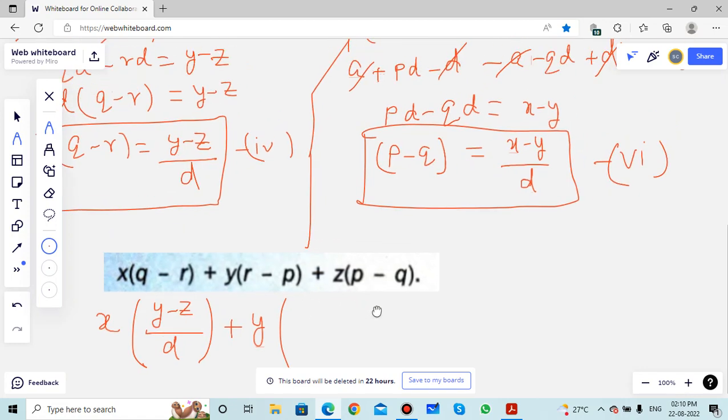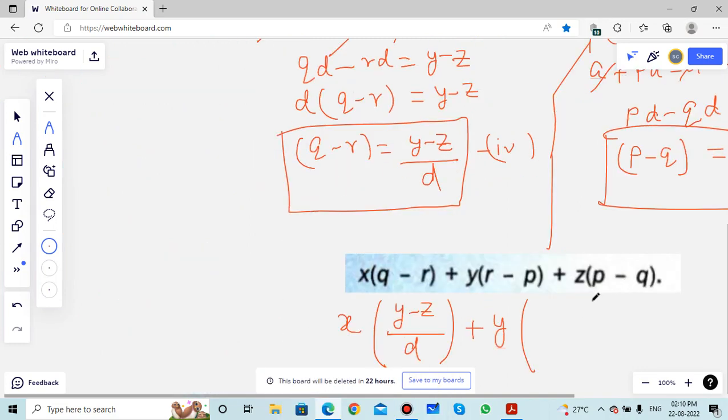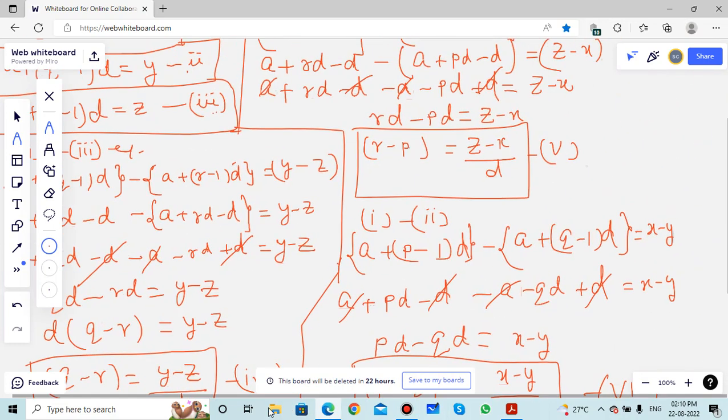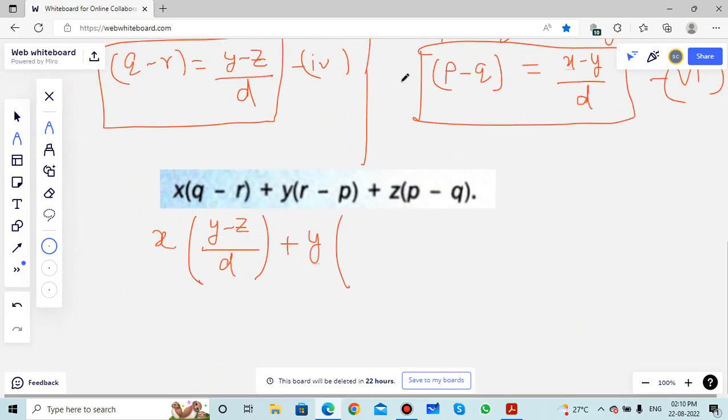So where is r minus p? r minus p is here. r minus p that we have is z minus x upon d. So I'll write it here. z minus x upon d here. Okay.